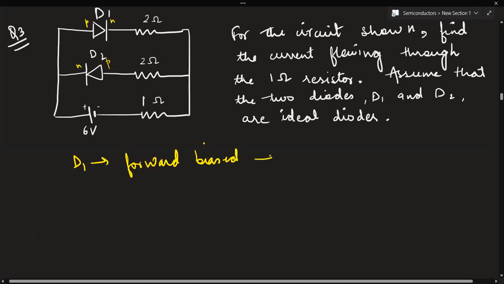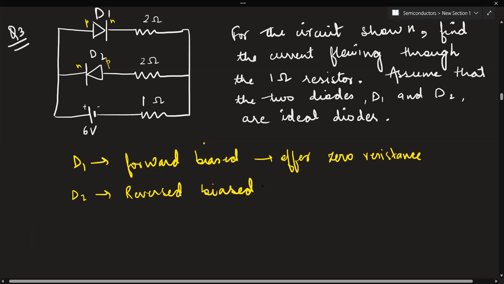So it means this will offer zero resistance. And regarding D2, D2 is reverse biased, so this will offer infinite resistance.